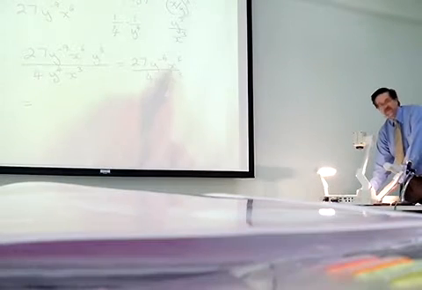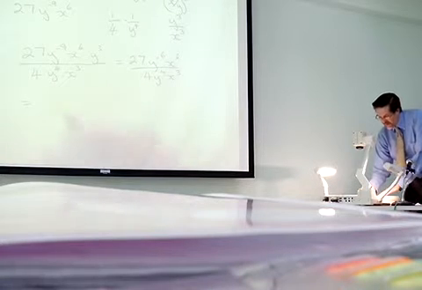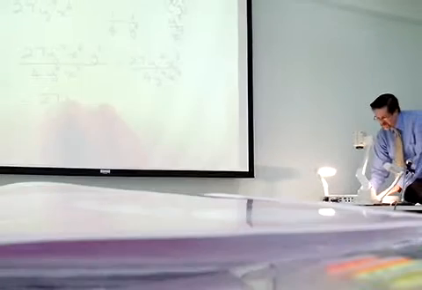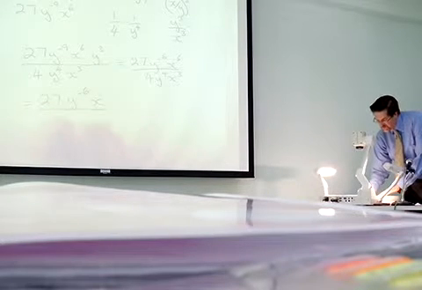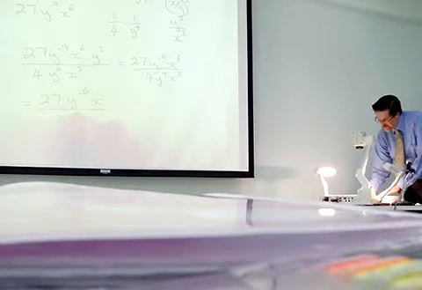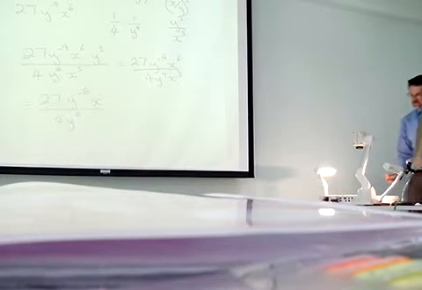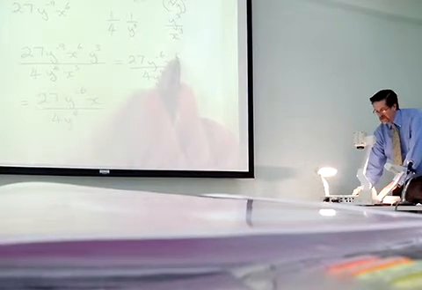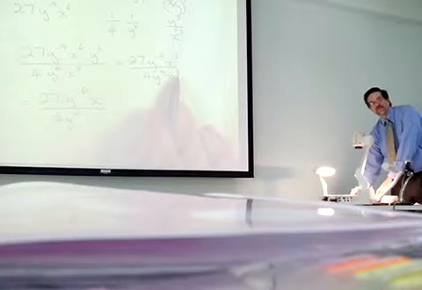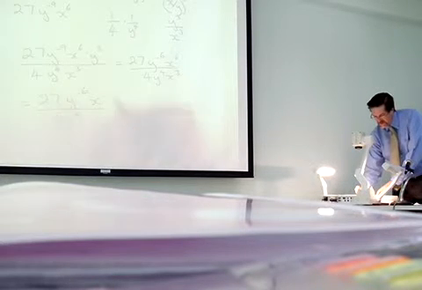The x's simplify, right? So what would the x's simplify to? X to the exponent 6 divided by x to the exponent 3 gives you x to the exponent 3. Good. 6 minus 3 is 3.